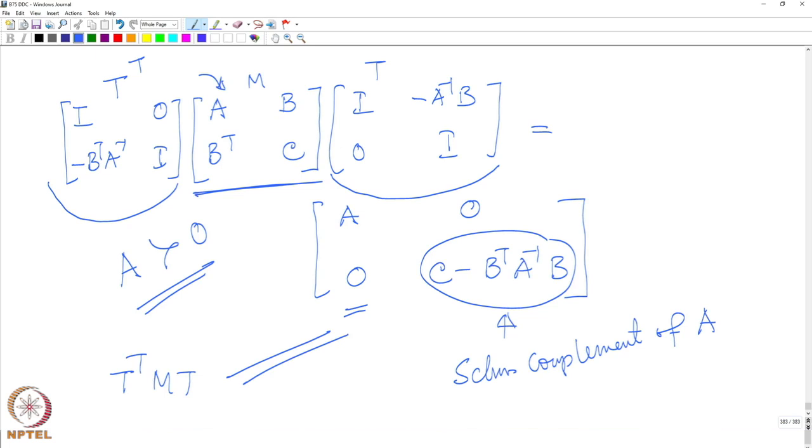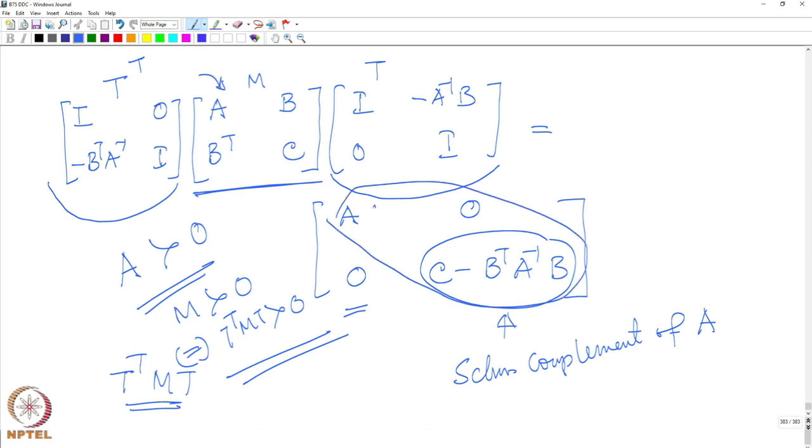Okay. So, now because it is T transpose M T, M is positive definite if and only if T transpose M T is positive definite, but T transpose M T has this structure, out of which I know this block A is positive definite. So, then T transpose M T is positive definite if and only if this block is positive definite.